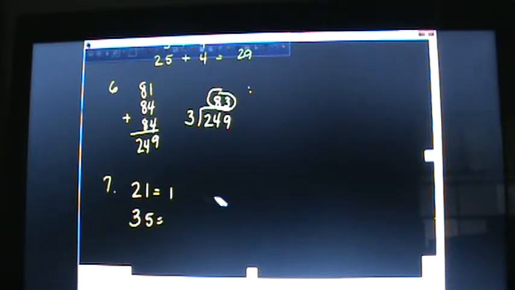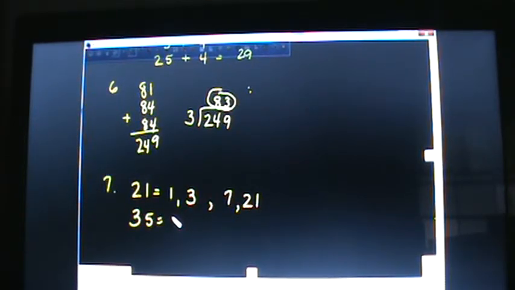We know 1 times 21 is 21. 2 will not divide into 21 because it is odd. 3 will divide into 21 7 times. 4 will not divide into 21. 5 will not divide into 21. And 6 will not divide into 21. So the factors of 21 are 1, 3, 7, and 21.